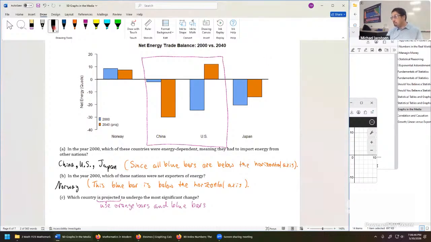So we can say here, US has the largest change. We went from, in the year 2022, we have projected 2040, to, let's say, minus the year 2000 value.